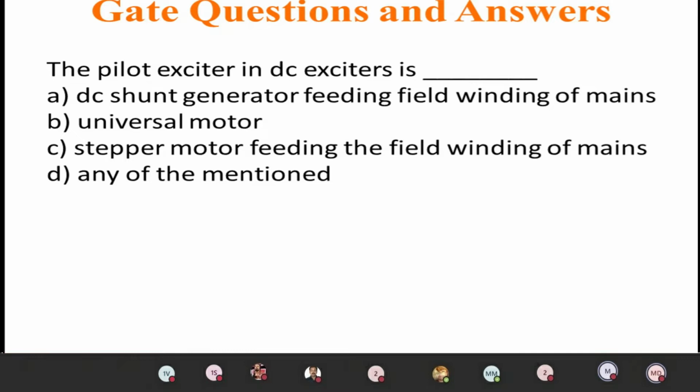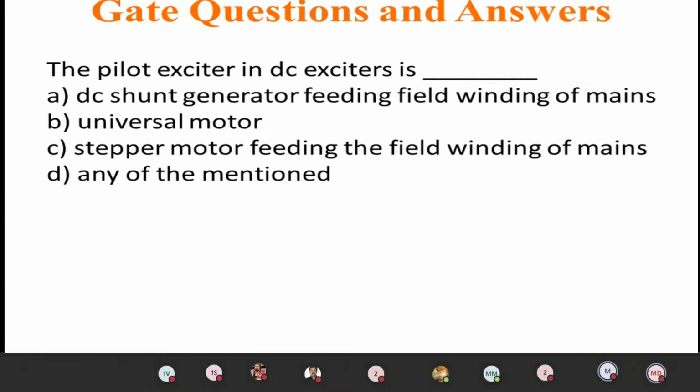So what is a pilot exciter? We must know what a pilot exciter is. It's a small machine which is connected along with the main alternator. If the alternator capacity is 100 MVA, a small DC generator is fixed along with the shaft. From that, most of them come to the conclusion that option A is correct. It's quite correct, a DC shunt generator.